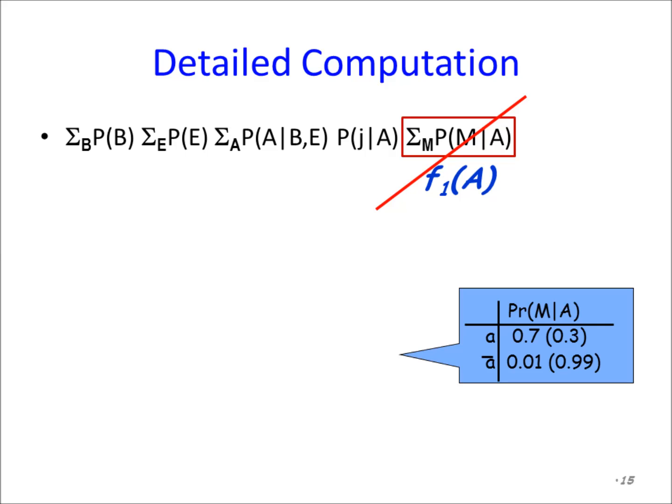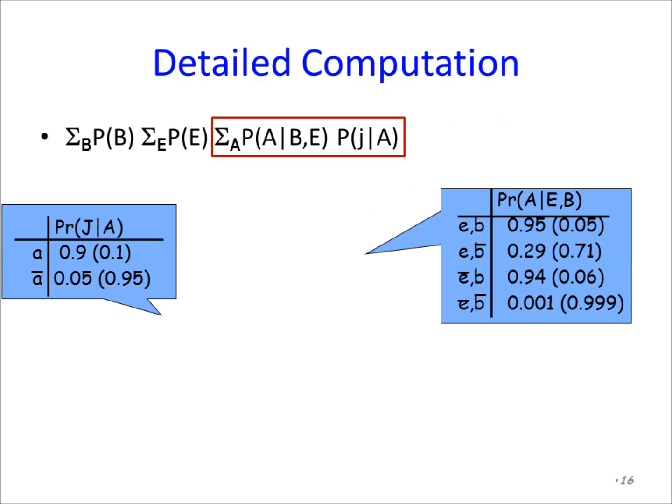I am saying for A true, I will add 0.7 and 0.3. And for A false, I will add 0.01 and 0.99. So this is a sort of silly computation. We really don't need to do this, but even if we did this, we will get 1, 1. So we can cut this off because this is going to be 1.